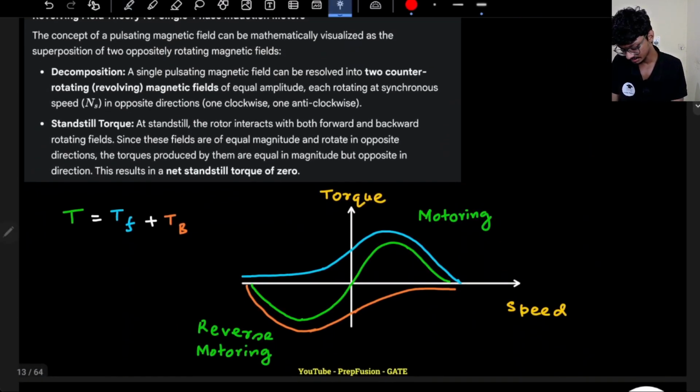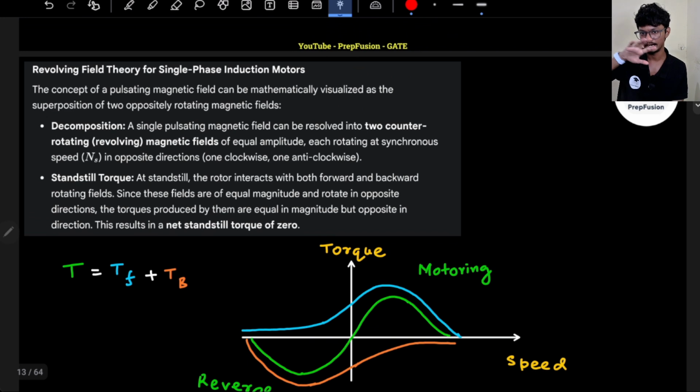So same thing, whatever we have derived, that my flux is a combination of two fluxes, two rotating fluxes, forward field and backward field, is defined by the revolving field theory. There is nothing special about it.